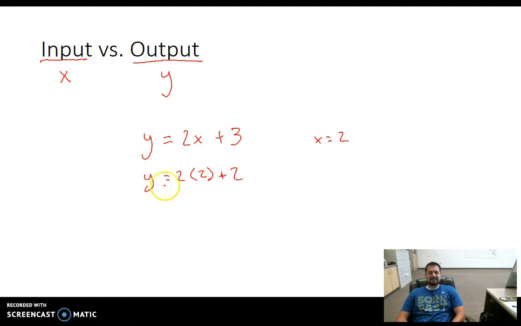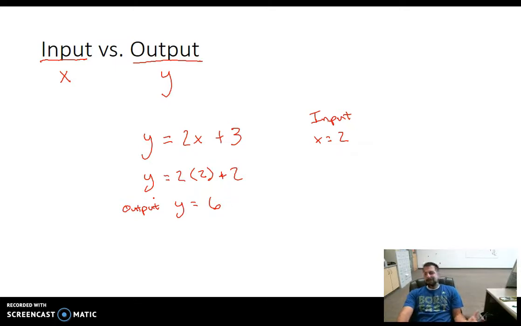And then if I just used some math, 2 times 2 is 4, plus 2 more is 6. You'll notice I would get y equals 6. X equals 2 was my input. Y equals 6, which is the number that y is equal to once I input 2 for x, is my output. Okay, so the number I put in is the input, the number I get out is the output.